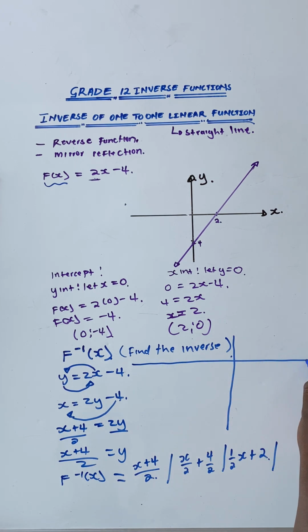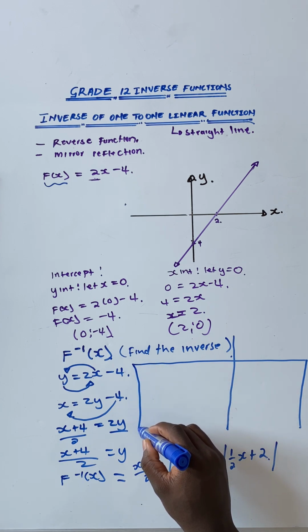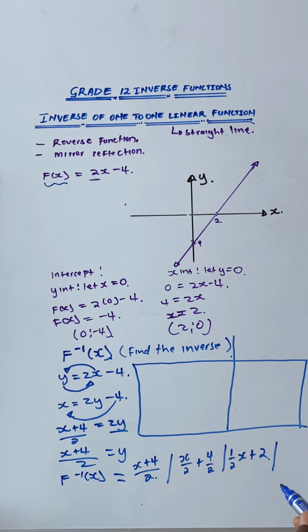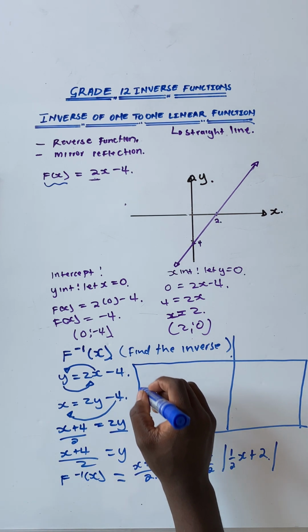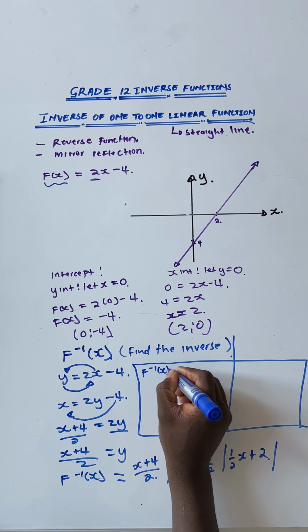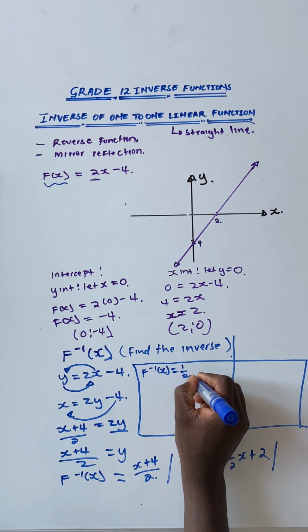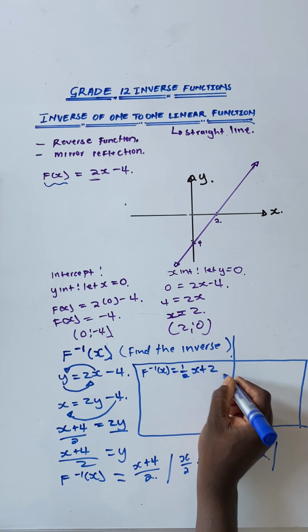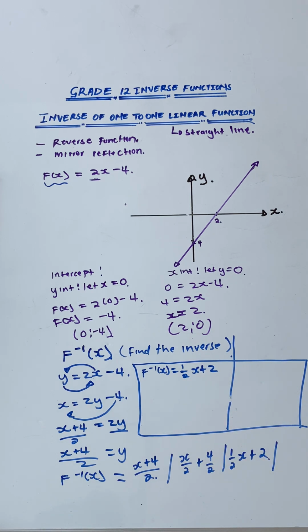So the first thing here would be to determine the y-intercept, if our formula for the inverse is f inverse of x equals 1 over 2 x plus 2.